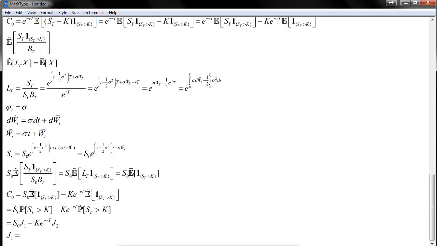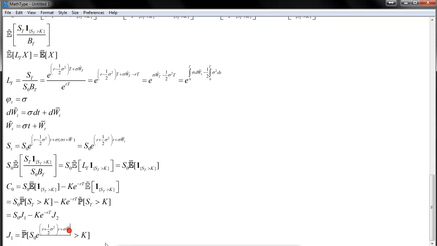So J1 is the probability, well, what is S_T under that measure? Well, S_T under that measure will be basically this equation. Okay, and now I'm going to go inside.